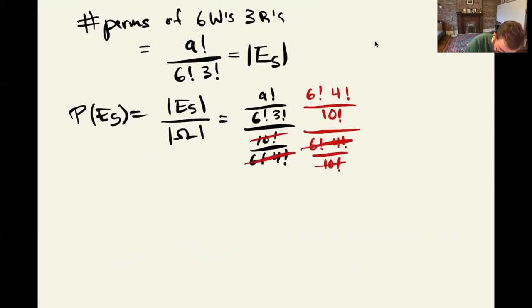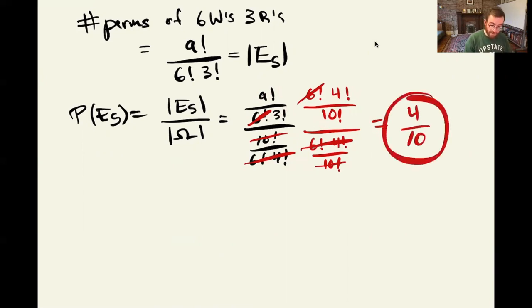And now we've got a lot of cancellations that can be made here. All right, what do we got left? Wow, okay. Well, notice if I cancel 9 factorial into 10 factorial, that's going to leave 10 left. And similarly, 3 factorial into 4 factorial is going to leave 4 left. So this ends up equaling 4/10, which is exactly the same probability as event 1.